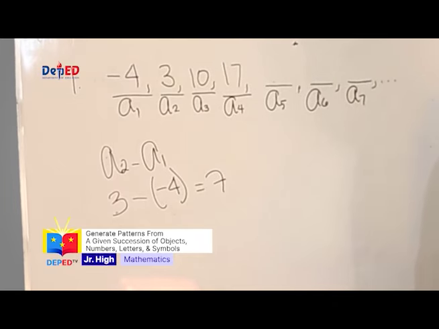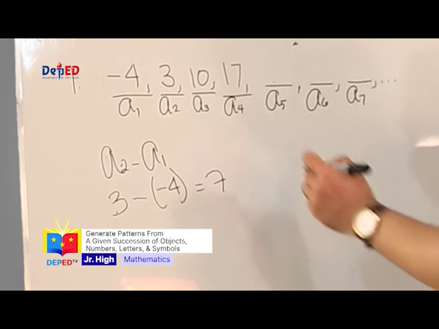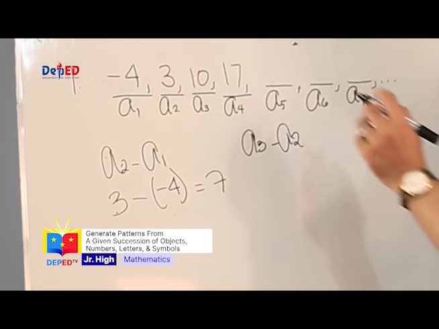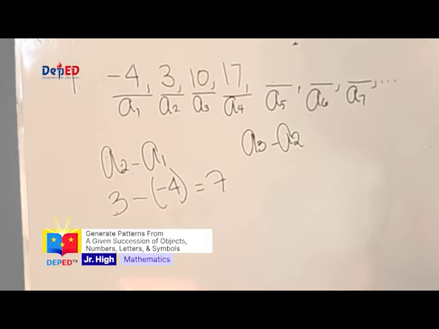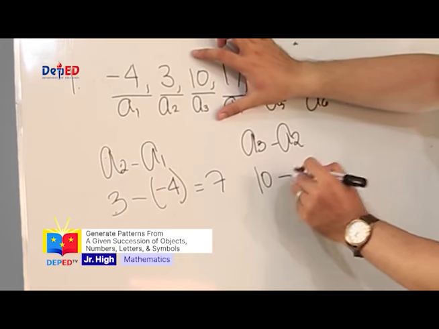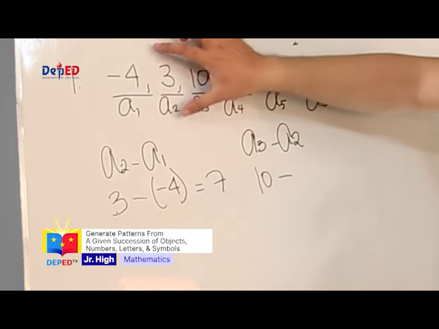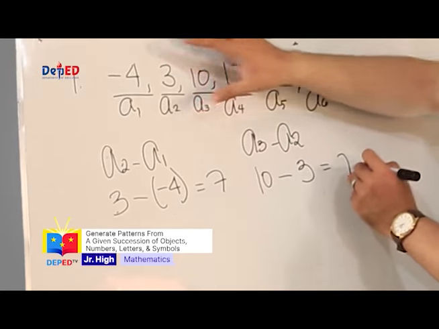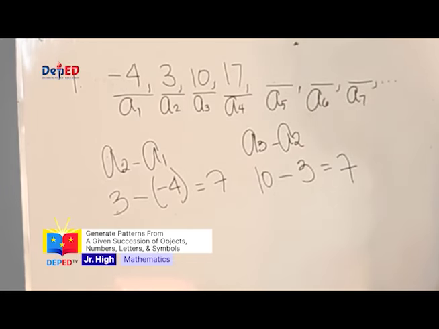Now let's try the third term minus the second term. That's a sub 3 minus a sub 2. Our third term, which is 10, minus the second term, which is 3. Their difference is still 7.